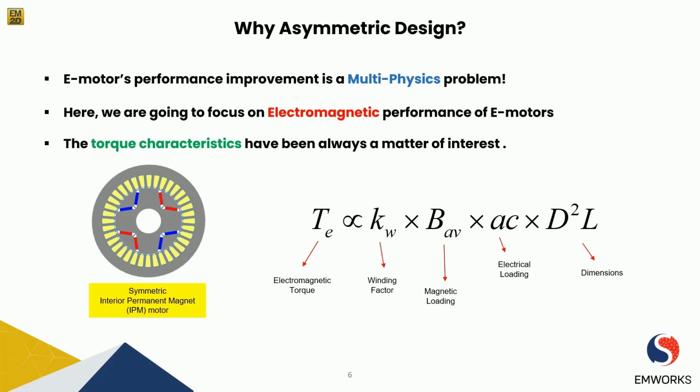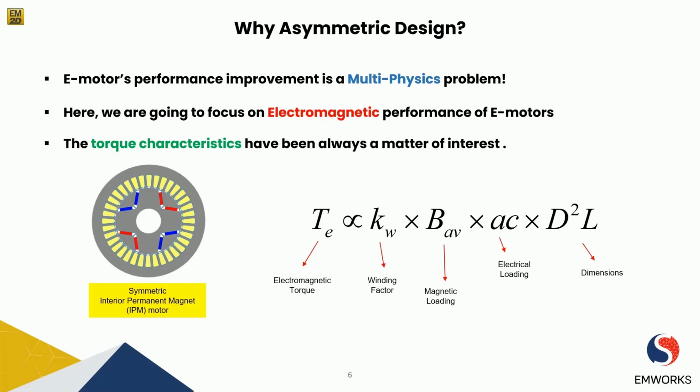But here, when we want to adopt the asymmetric design approach, we are going to focus on the electromagnetic performance of the e-motors, and more specifically the torque characteristics, because these torque characteristics have always been a matter of interest for e-motor designers.